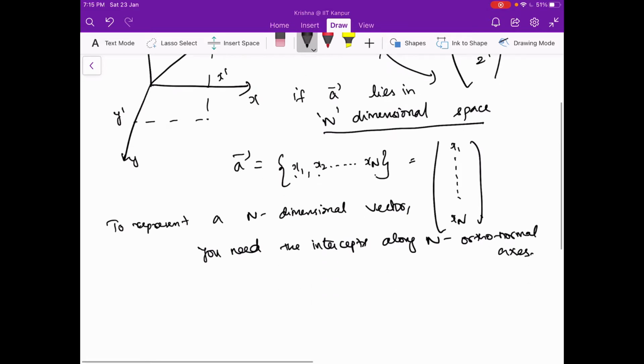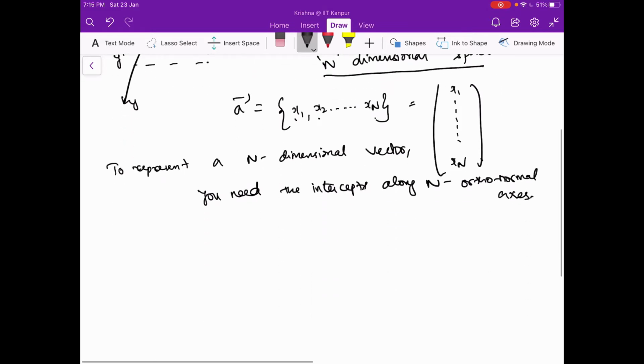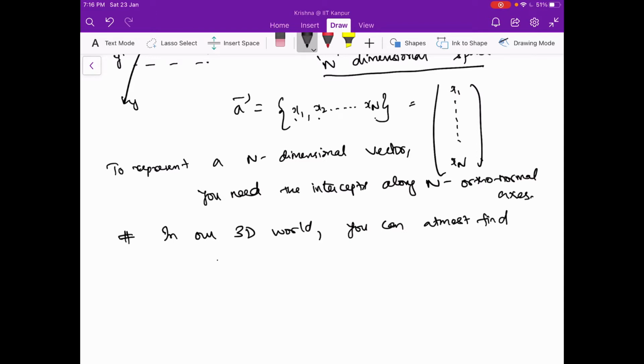This is an important thing, so I'm just going to write it: in our 3D world, you can at most find three mutually normal vectors.